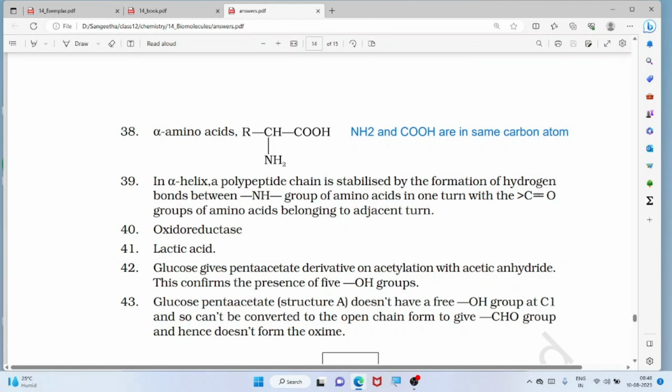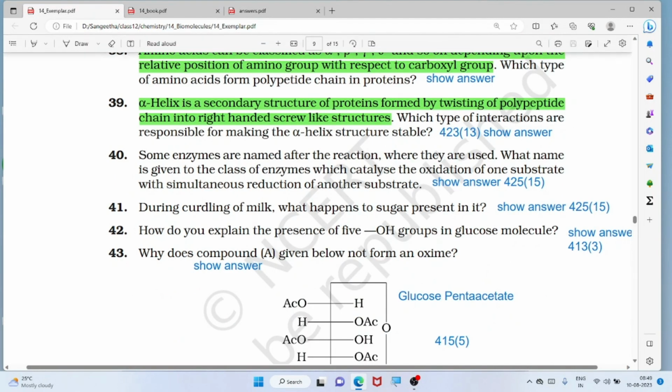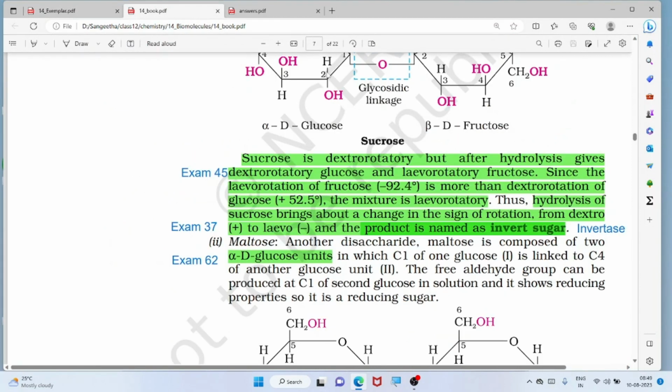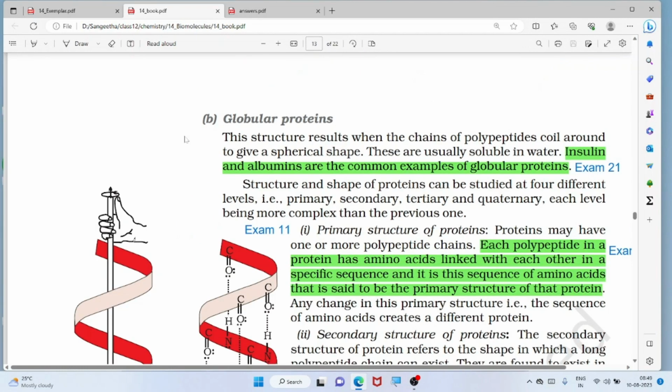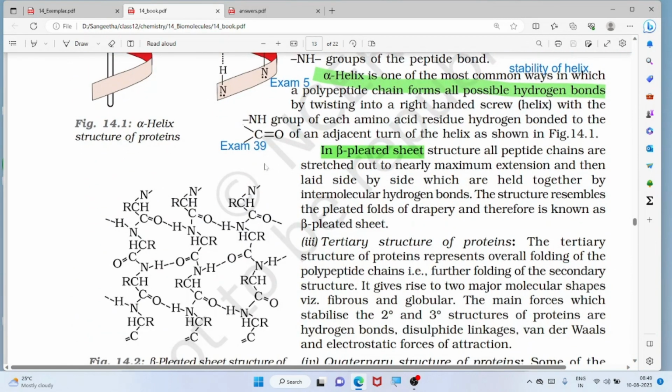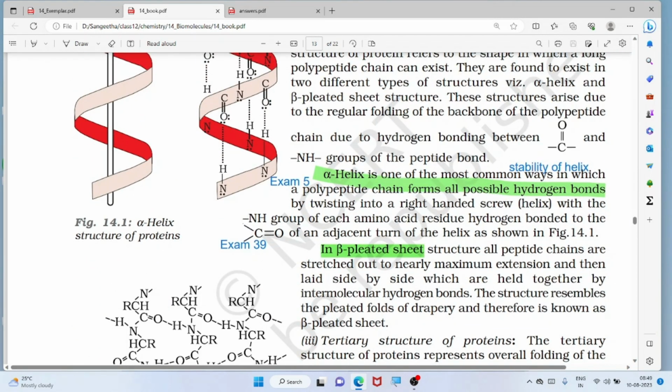In the helix structure, the chain is stabilized by the formation of hydrogen bonds between the NH group of an amino acid in one turn with the carbonyl group of the amino acid belonging to the adjacent turn. So this is how it is stabilized. You can go through this here.